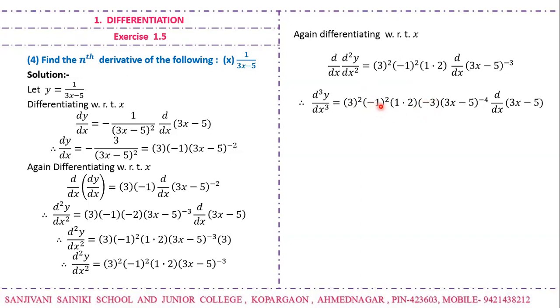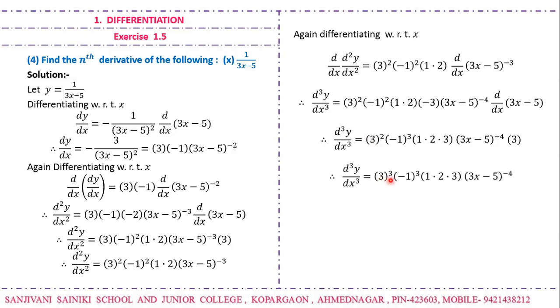So minus 1 cube, then 1 into 2 into 3, then (3x minus 5) raised to minus 4. Okay, so d cube y by dx cube is 3 cube into minus 1 cube into 1 into 2 into 3 into (3x minus 5) raised to minus 4.